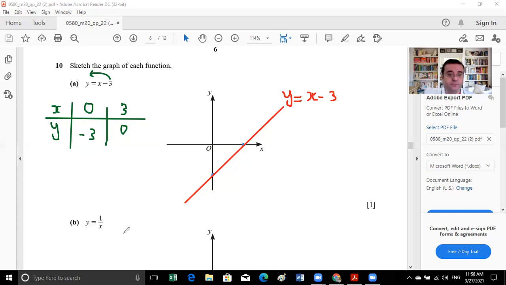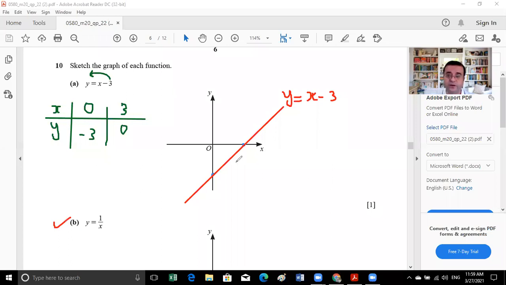Let's do the next one here. Here we have x to the power 1, but it's in the denominator, so it's not linear. Okay, this one is a bit harder. Let's do it.